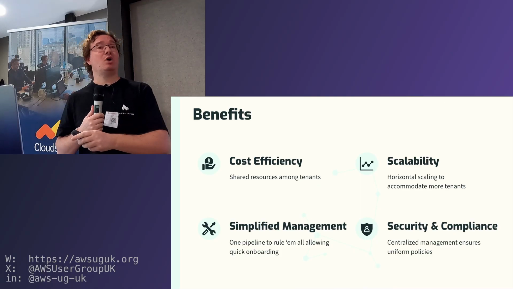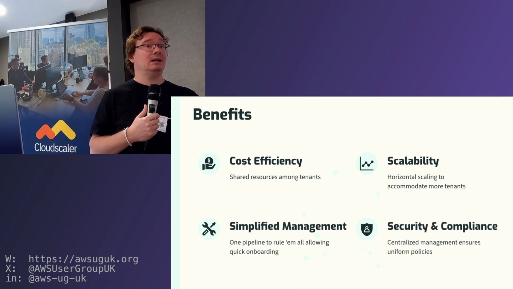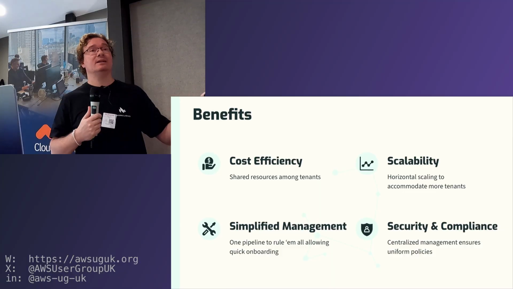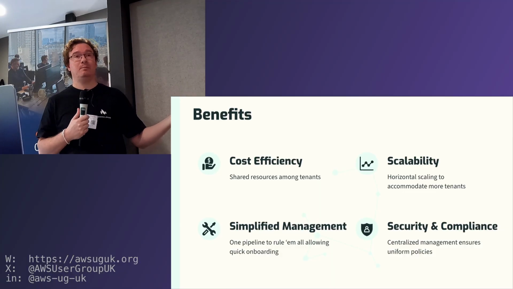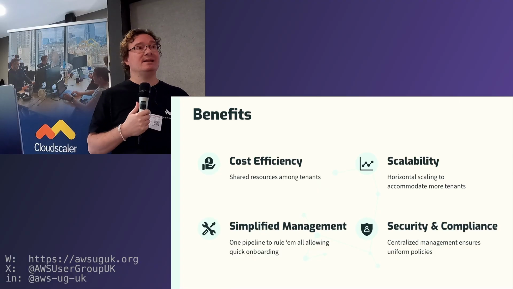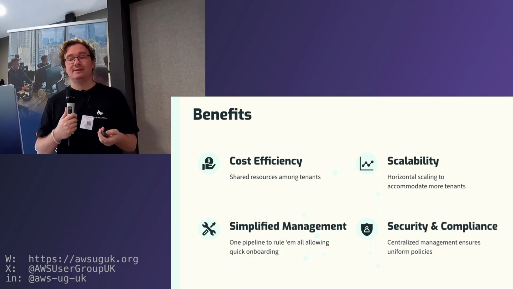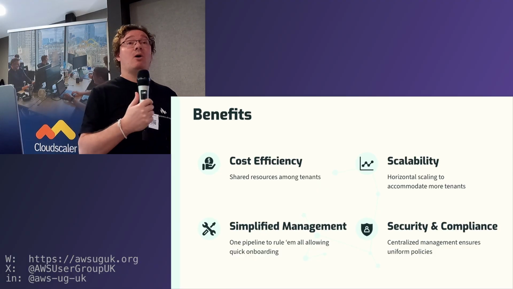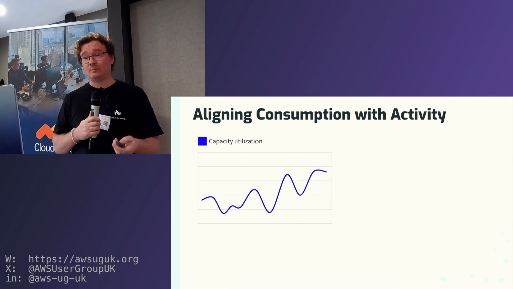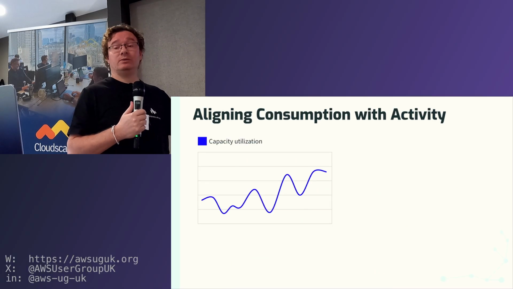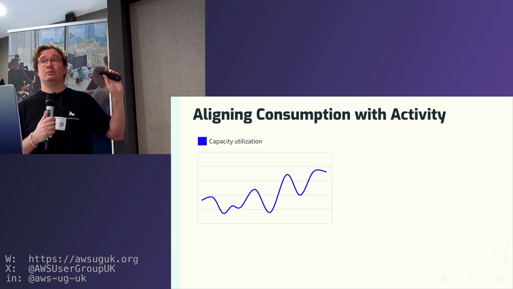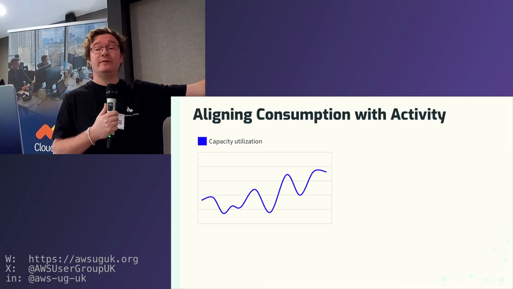So if I have a problem and need to roll back, every tenant is going to receive that same version, that same feature when it gets deployed. And for security and compliance, it helps us to keep our policies all centralized.